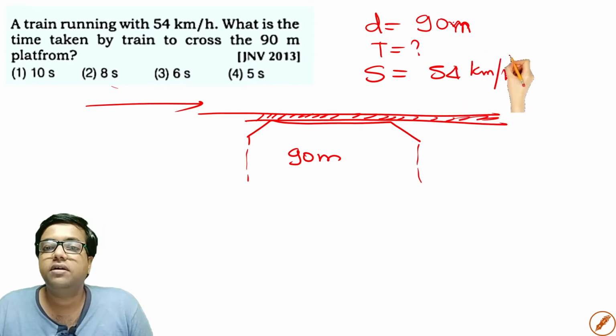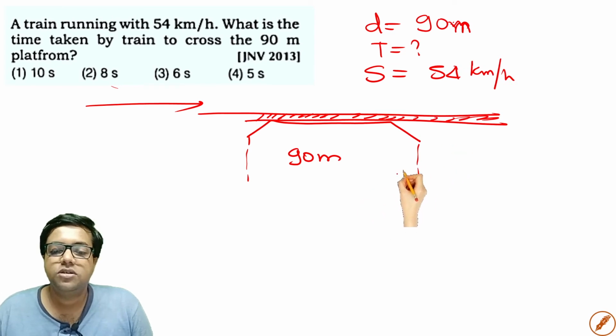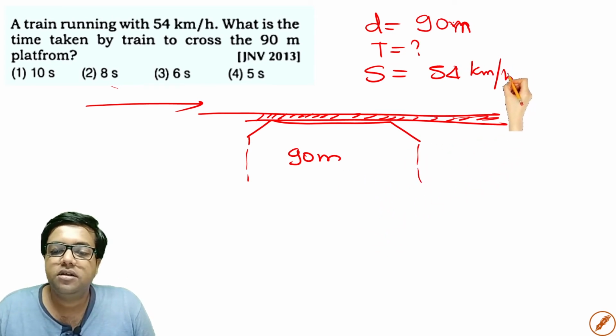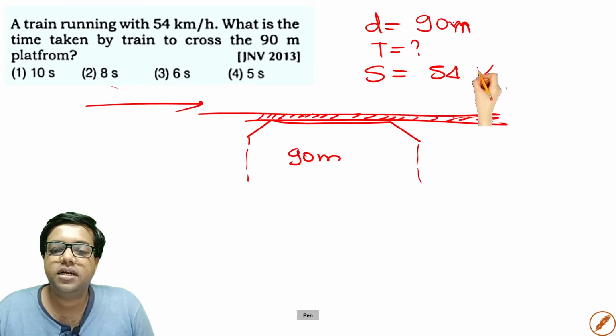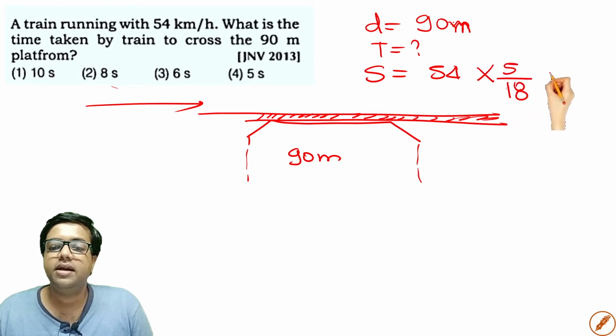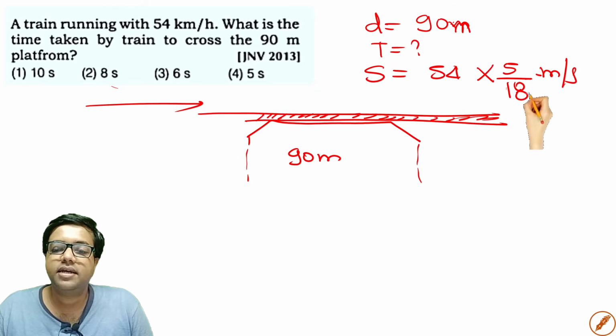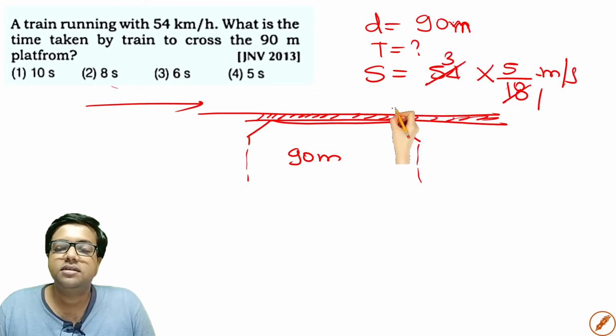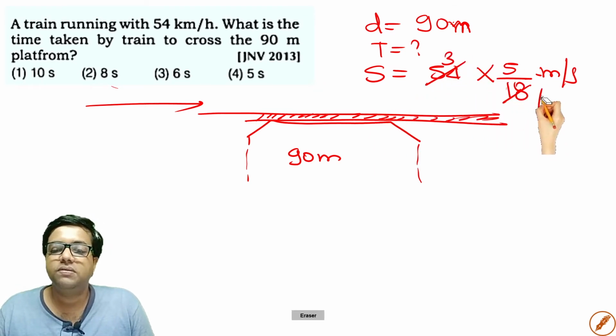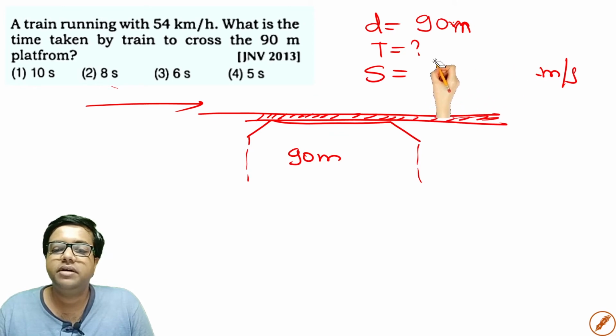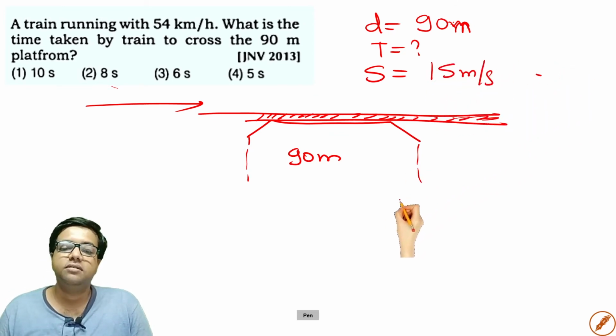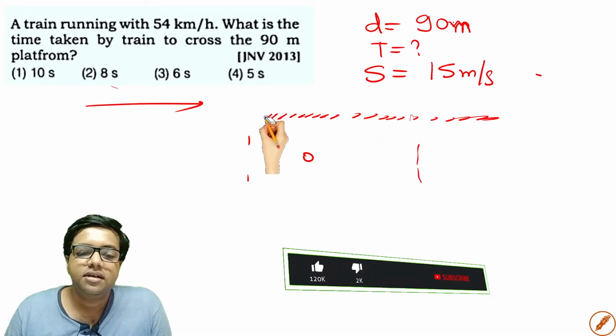So we need to convert it into meter per second, right? So in order to convert this into meter per second, you will multiply this by 5 by 18. 18 ones are 18, 18 threes are 54, 5 into 3 will give you 15. 15 meter per second is the speed of the train.